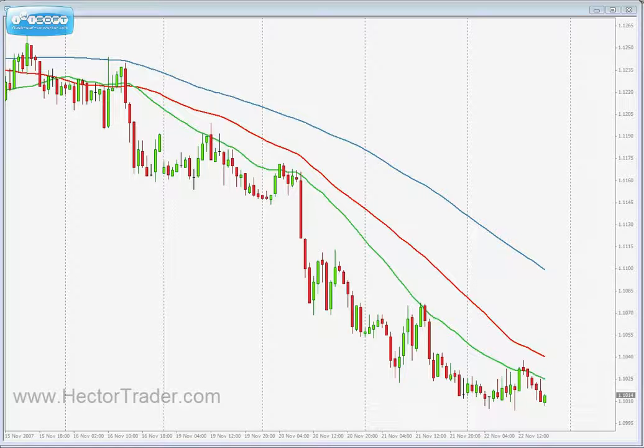The reason why it works is because institutional players like to keep an eye on this area, on these retracements, in order to adapt their positions.